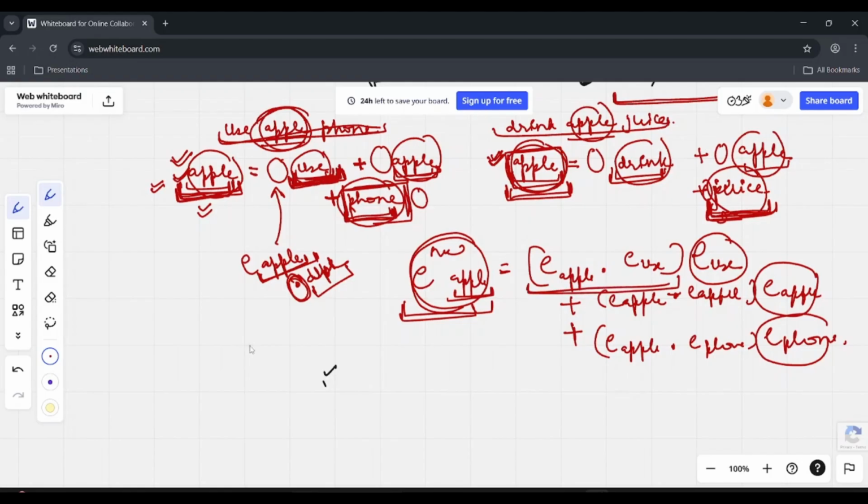The simplest way is to find out their dot product. That will tell you how much related those two vectors are. If their dot product is high, that means their weight value will be high, because dot product is nothing but your weight value, right? That will mean that the importance of the use word is more in finding out the apple embedding. That would mean that apple is more related to use. So that is how the entire setup is.